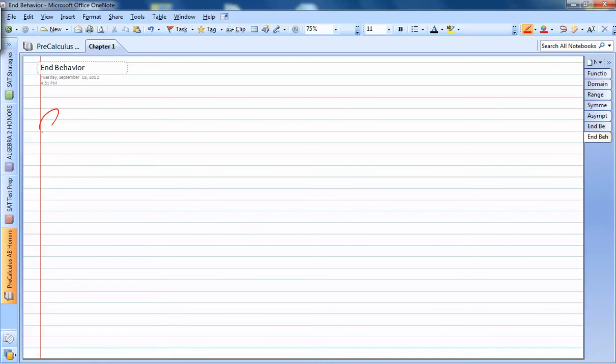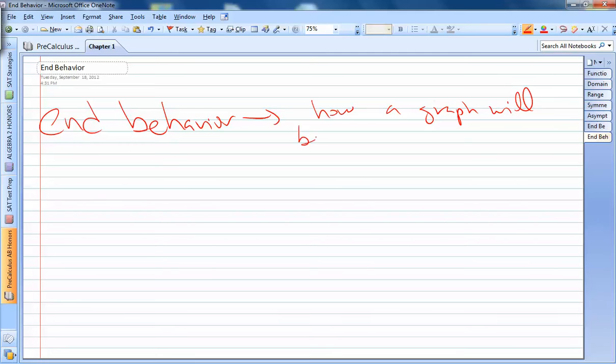But first of all, let's define end behavior. It's basically how a graph will behave when x approaches positive infinity and when x approaches negative infinity.